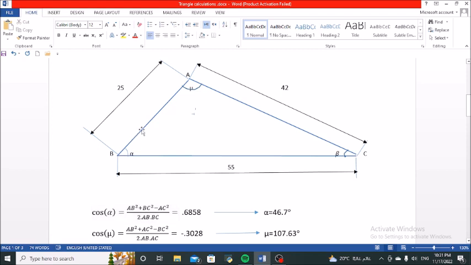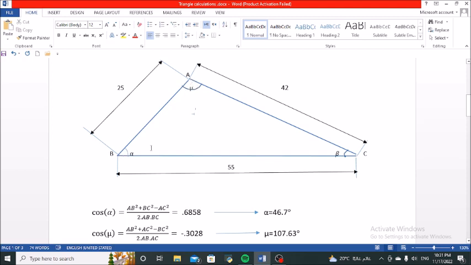That is, cosine alpha equals AB squared plus BC squared minus AC squared over twice AB BC. Substituting in these values, we obtain that cosine alpha equals 0.6858, which corresponds to an angle alpha equal to 46.7 degrees. Let's calculate mu, which is angle A rather.